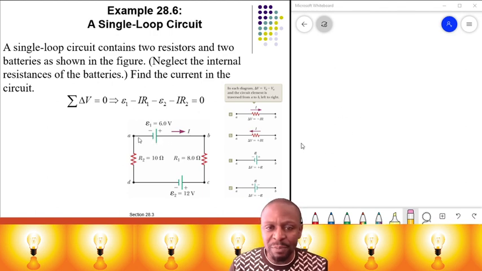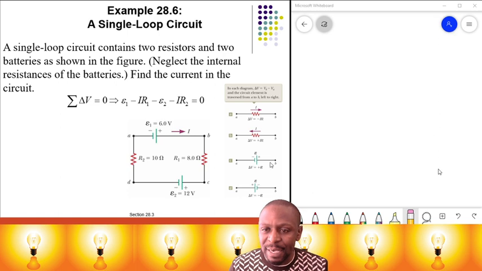Now, moving from A to B is just going to be positive, because I am moving from a lower terminal to a higher terminal, which is positive EMF. That's why you are seeing positive E1. And then from there, I am moving from B to C. Now from B to C, I am moving in the same direction as the current. Therefore, I'm going to have minus IR1, because this resistor is named R1.